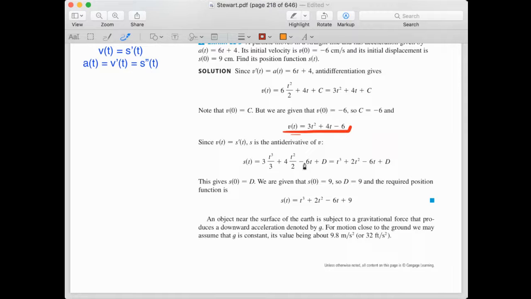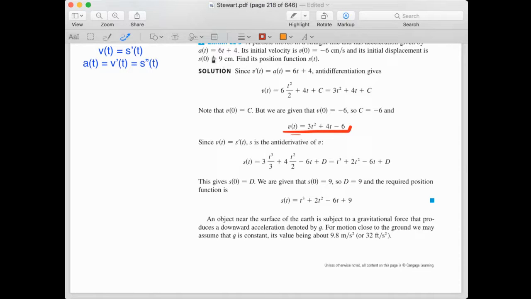Antiderivative of -6 is -6t. Then plus a constant. Let's call this constant d to distinguish it from c. So simplifying this, we get t cubed plus 2t squared minus 6t plus d.